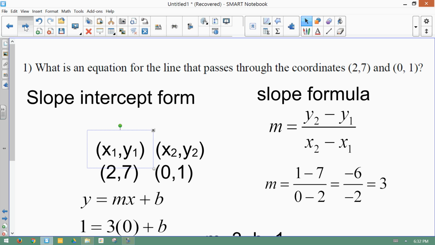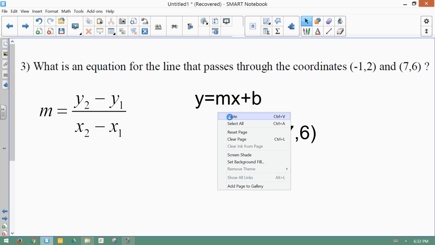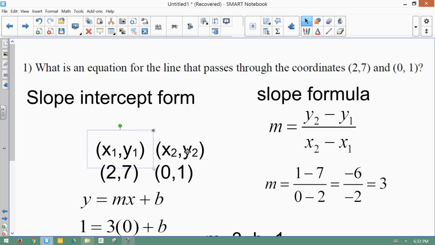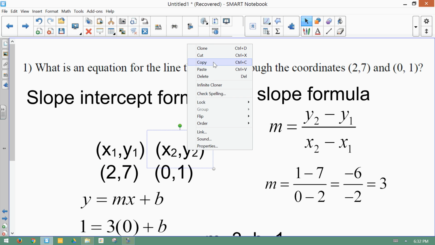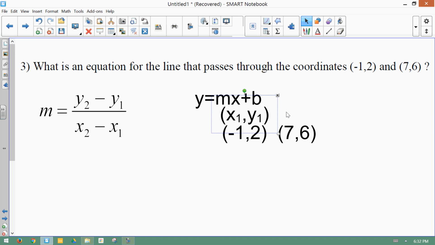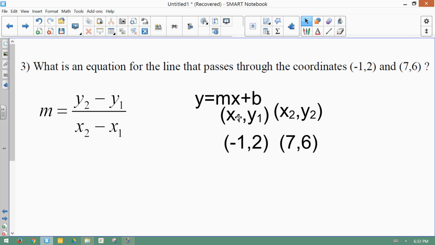Copy that over. And let's label our x2s. Now, could we have switched it around? Sure, we could have. And we might actually do that this time. But it really doesn't matter.